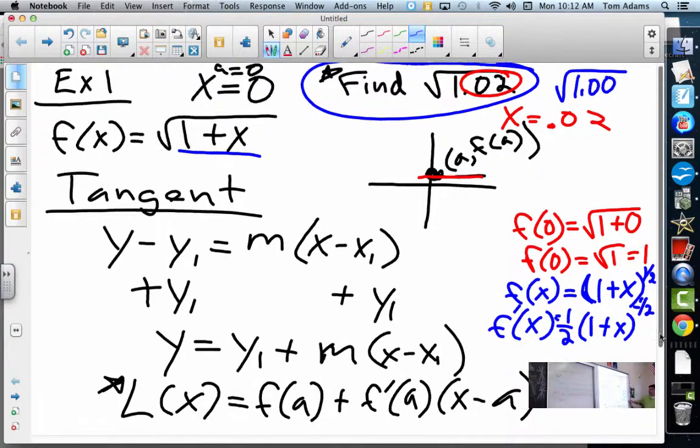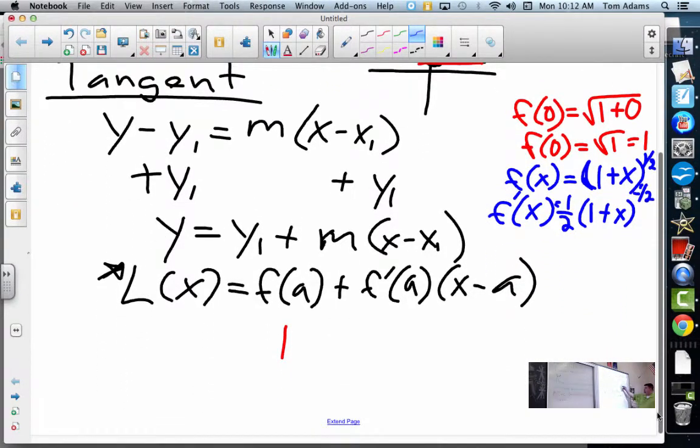Okay. So then I need to evaluate f prime at 0, which is 1/2, right? Because if I put the 0 in here, 1 to the negative 1/2 is just 1. 1 times 1/2 is 1/2.